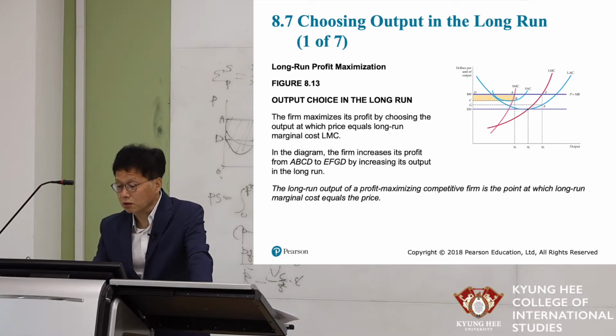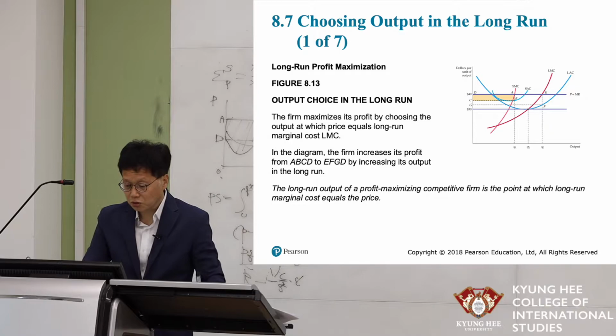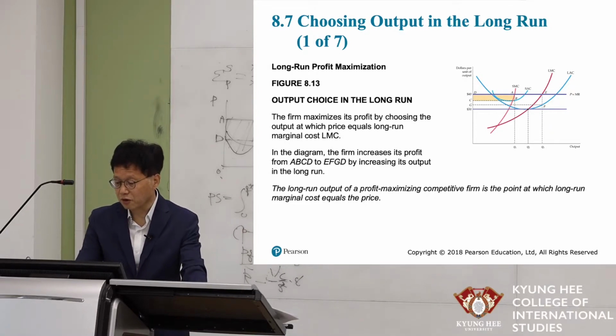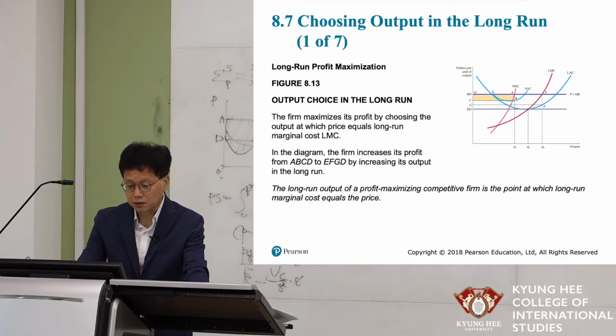But in the long run, price should be equal to the long run marginal cost curve. So production should be increased greatly in the long run, right? So long run profit is, in this case, this expanded rectangle, EFGD. The long run output of a profit maximizing competitive firm is the point at which long run marginal cost equals price.